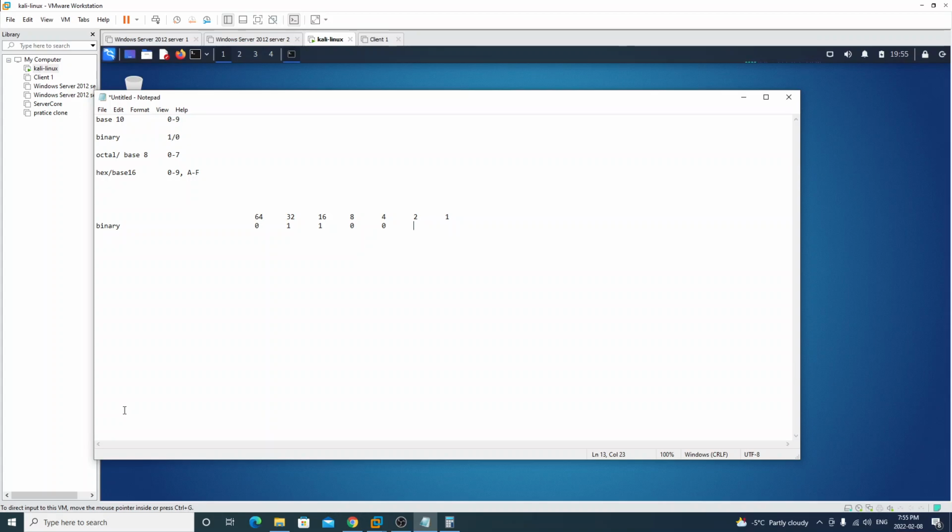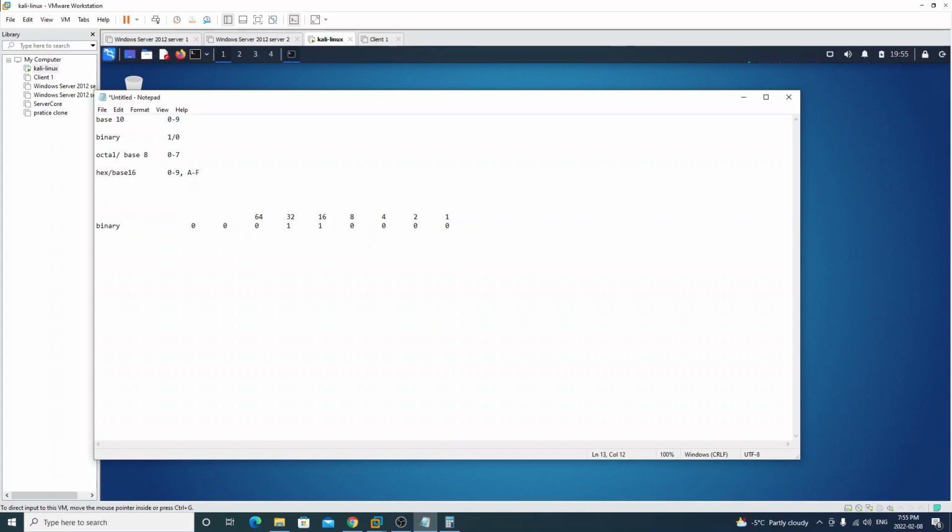Now, if we want to do octal, let's just put 0, 0. If we want to do octal, then we have 3 here. So let's add 2 more values. So let's say 0, and let's say 0.